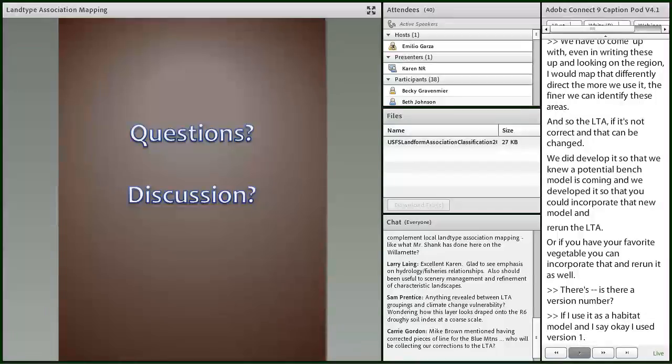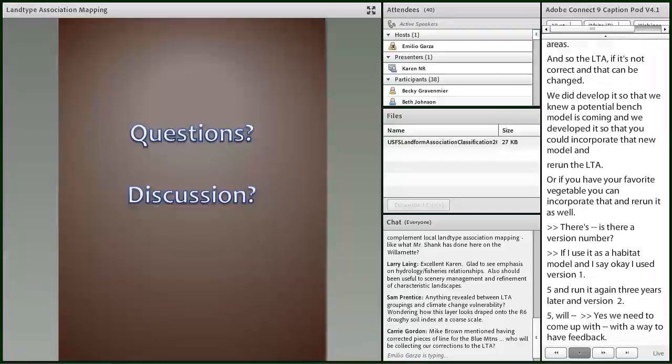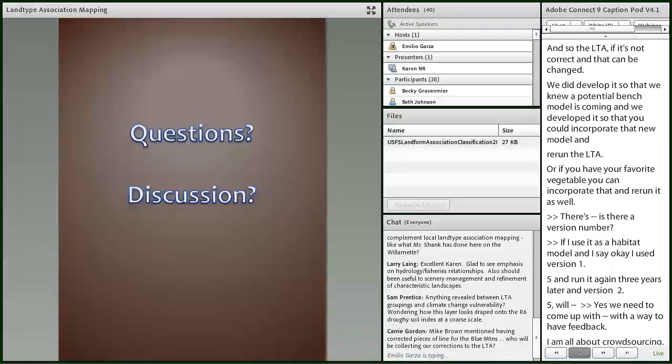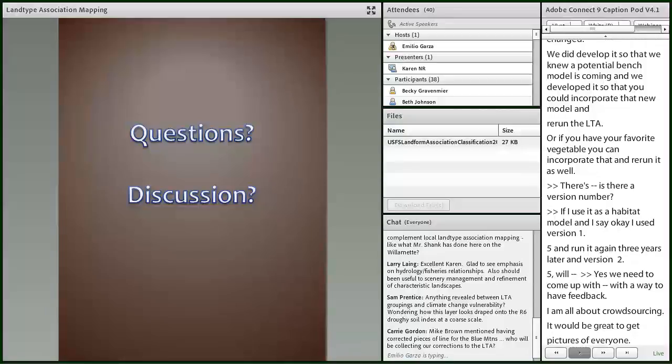We need to come up with some way of how people give feedback, and a data steward, and I'm all about crowdsourcing. It'd be great to get pictures of every one of these units and put those on the RTIS online, from all the folks in the field that get the opportunity to visit these.